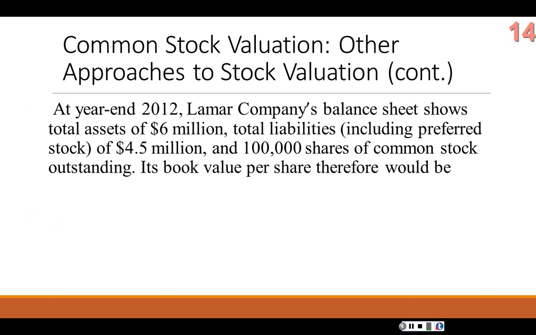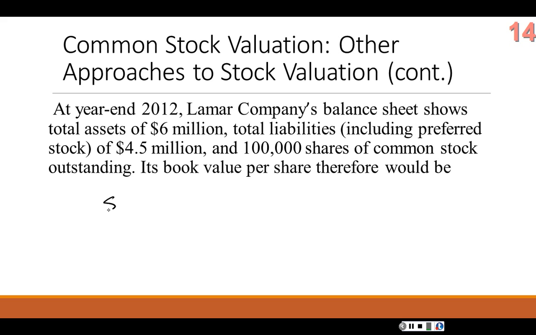But regardless, we can say that assets for Lamar Company were $6 million. Liabilities are $4.5 million, and there are 100,000 shares of common stock outstanding. So we can calculate the book value per share of common stock.